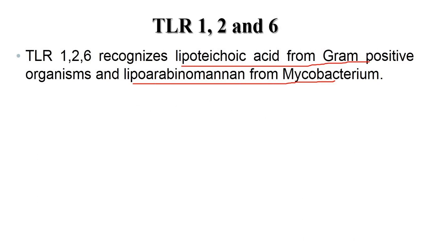So if someone asks you an MCQ in a competitive examination, which TLR is responsible for recognition of tuberculosis, your answer should be 1, 2 and 6. Why? Because those TLRs have the binding site for lipoarabinomannan found in mycobacterium, the tuberculosis causing organism.